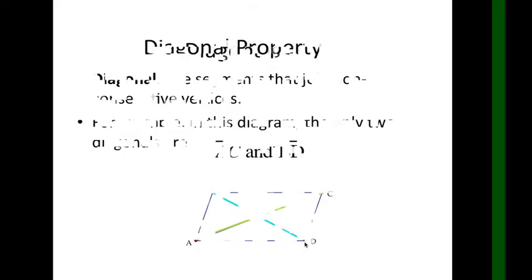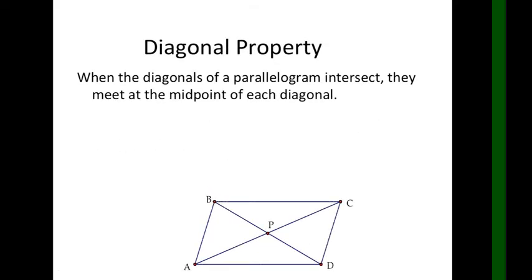Yan, AC and BD. Diagonal property. When the diagonals of a parallelogram intersect, they meet at the midpoint of each diagonal. So we have midpoint P. So point P is the midpoint of segment AC and segment BD.